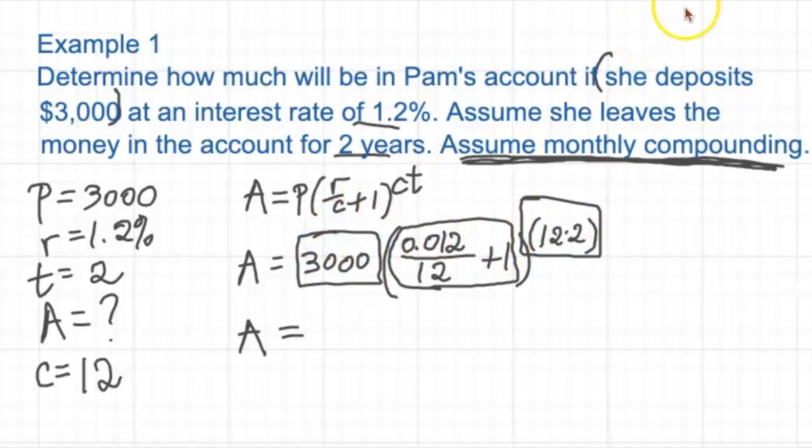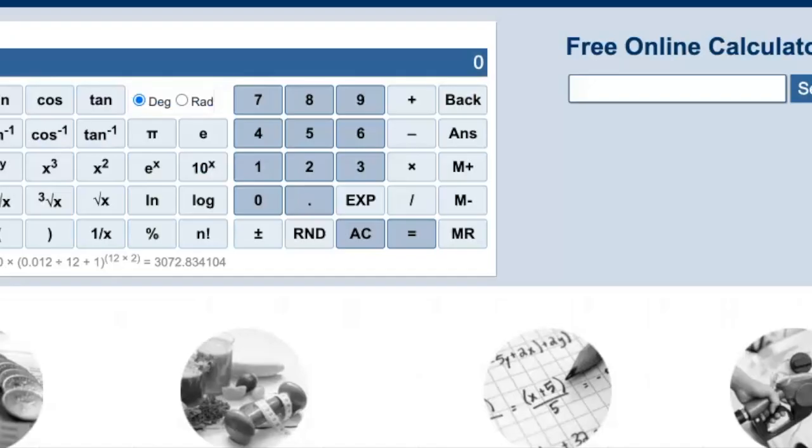Okay. Now I have a calculator here kind of ready to demonstrate, and you can literally just put the equation inside of here. So let's try to do it. I'm going to say 3,000. Any really good calculator knows order of operation times 0.012 divided by 12 plus 1, close parentheses.